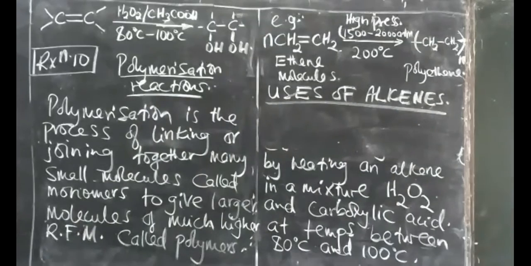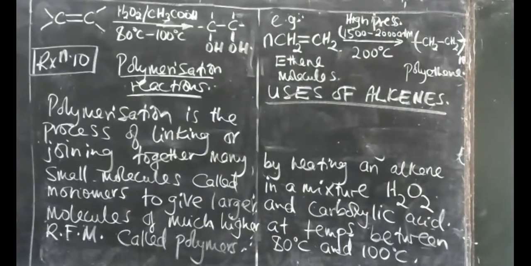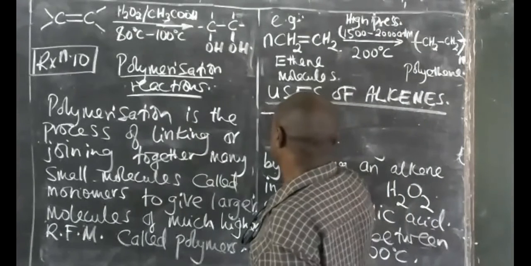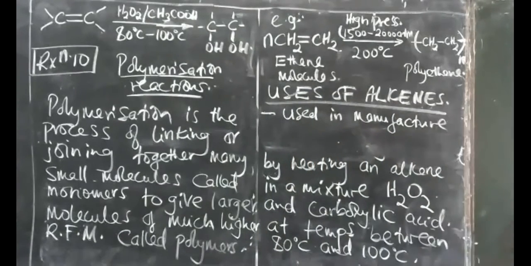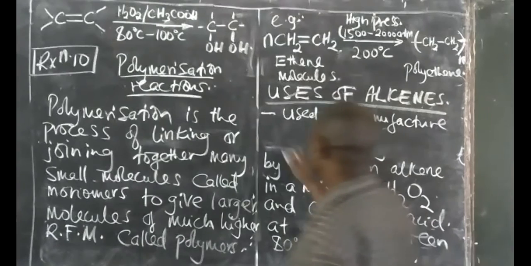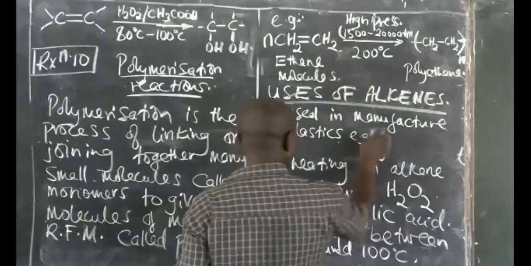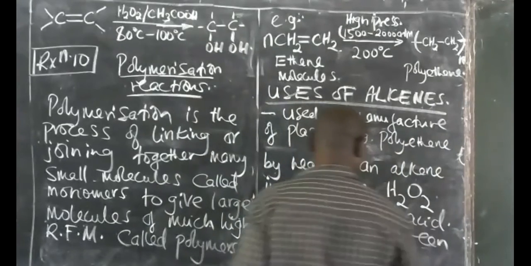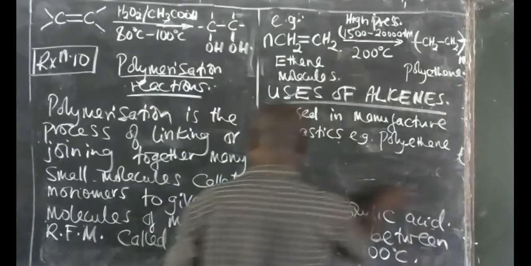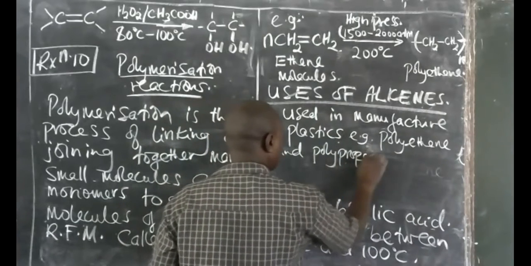One, use in manufacture of plastics, such as polyethylene and polypropylene.